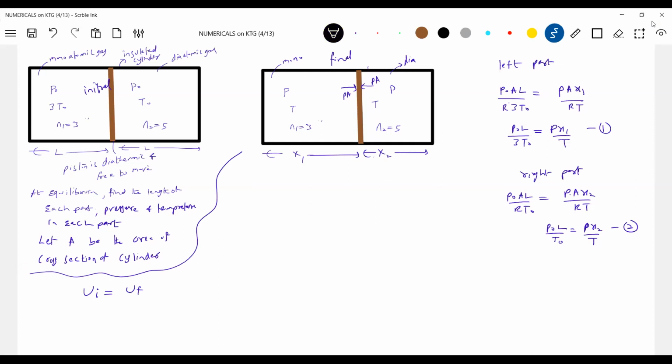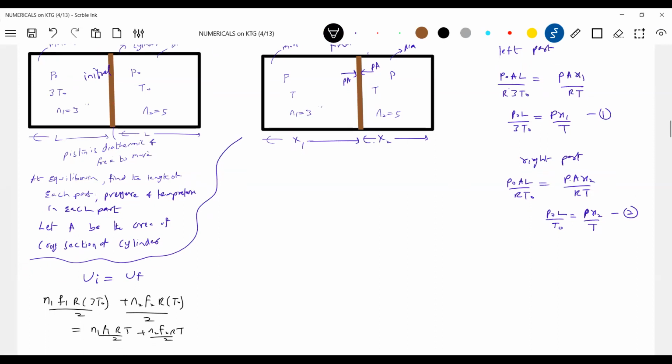What is initial internal energy? Monoatomic gas, number of moles 3, shall I write directly, or n1 f1, this should be equal to n1 f1 RT by 2. Now why final temperature? Because final temperature in both the parts will be equal.